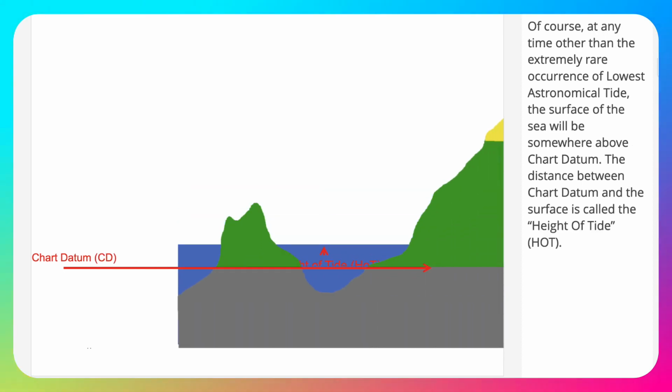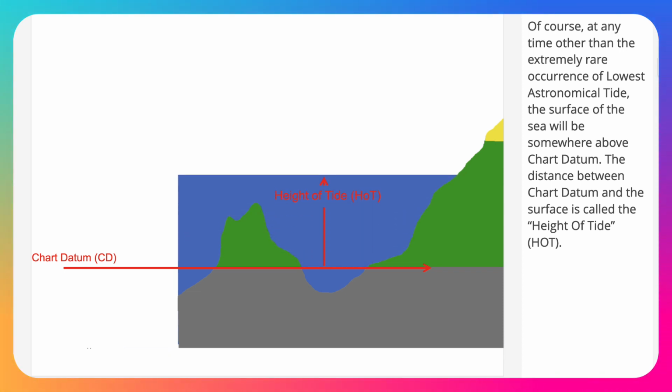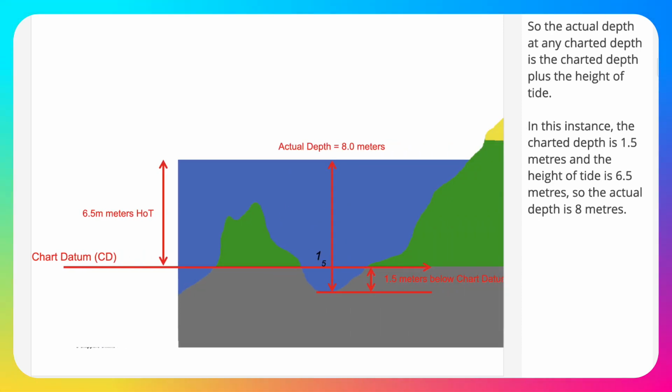Of course, at any time other than the extremely rare occurrence of lowest astronomical tide, the surface of the sea will be somewhere above chart datum. The distance between chart datum and the surface is called the height of tide, HOT. So the actual depth at any charted depth is the charted depth plus the height of tide.